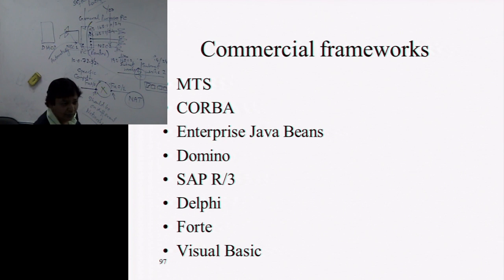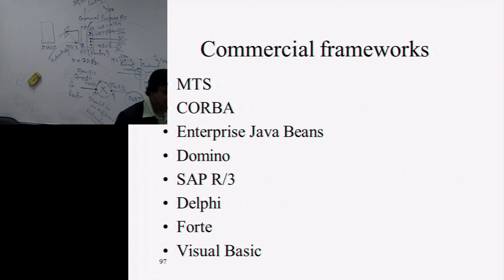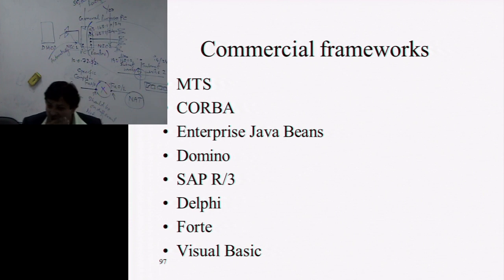MTS. Anybody knows the MTS? Microsoft Transaction Server for e-commerce, e-business. We have Corba, we have Beans, we have Domino architecture, we have SAP, Delphi, Fort, Visual Basic. These are the architectures, these are the frameworks we have.